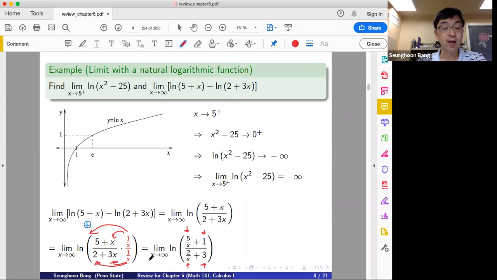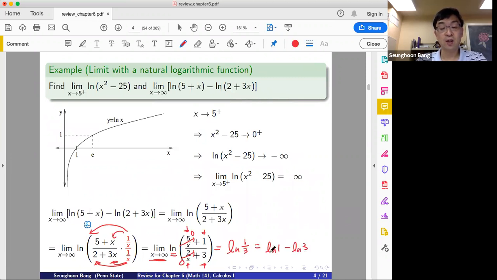What happens as x approaches infinity? 5 over x goes to 0, and 2 over x goes to 0. The remaining part is ln of 1/3. This is the answer. Another way, you can change this form.